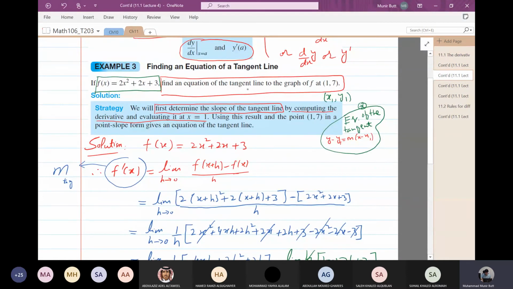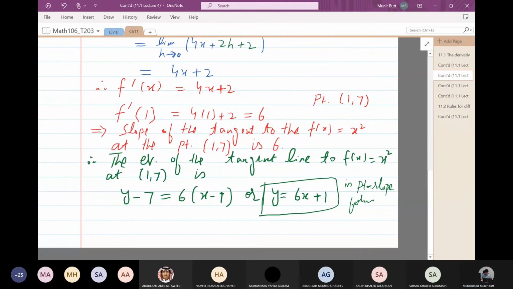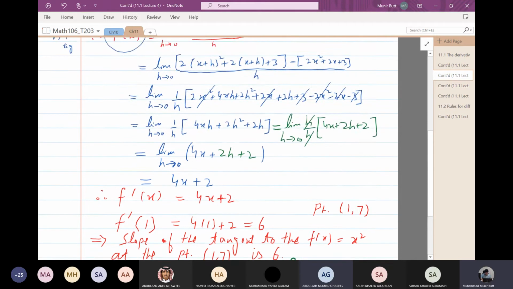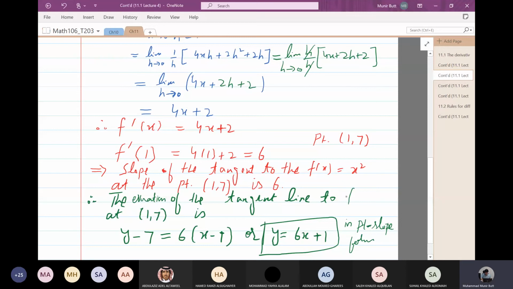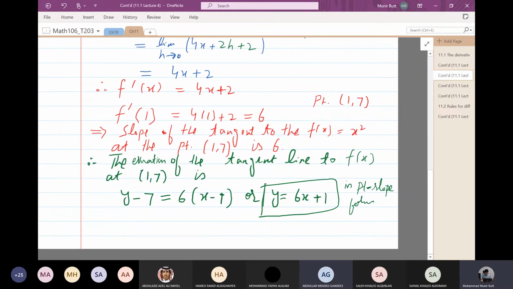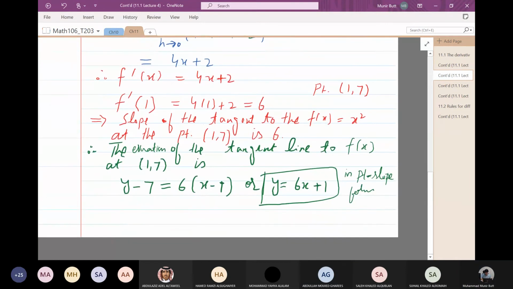Find the equation of the tangent line. Yes, and this is what we have found. You mean you don't understand this? No, I don't understand. If x equals x square, why did you put it? Oh, sorry, this is f of x. I just wrote it like this. Okay, now it's clear. Yeah, because I forgot to write the complete one.